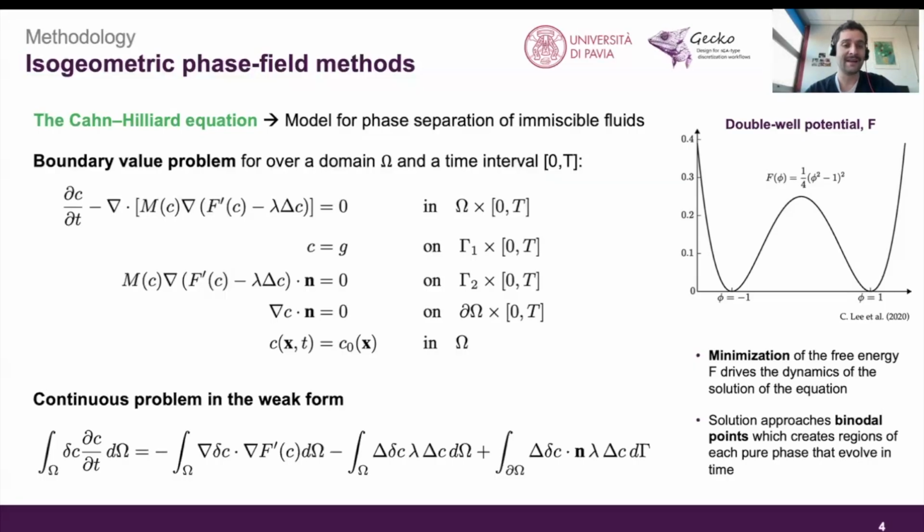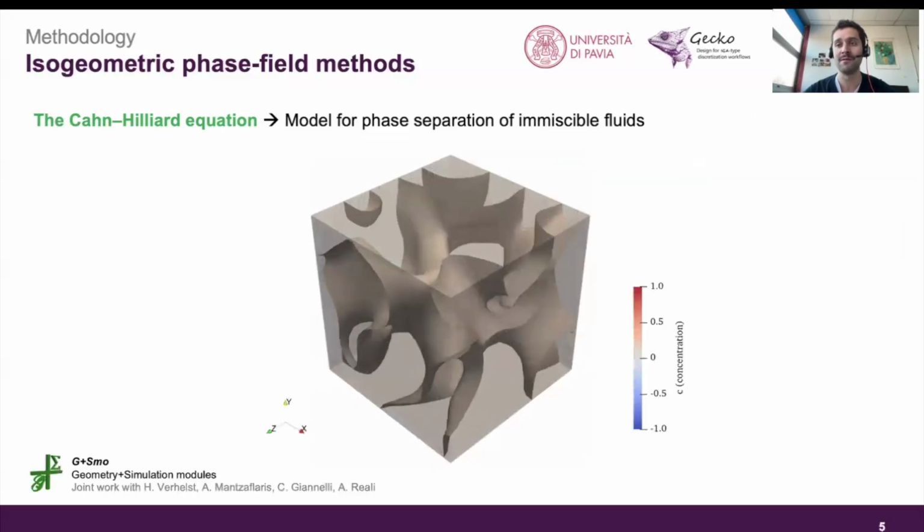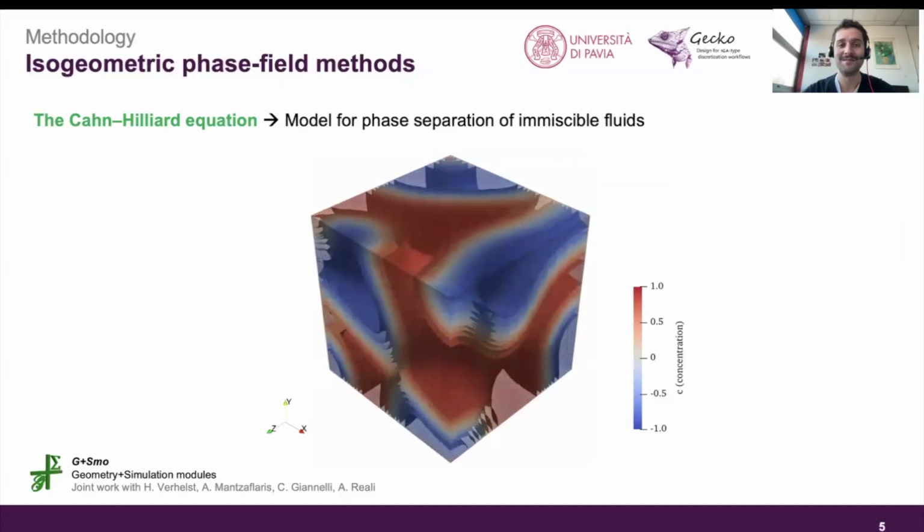Very briefly, the weak form of the continuous problem evidences the need of using at least C1 continuous basis functions.